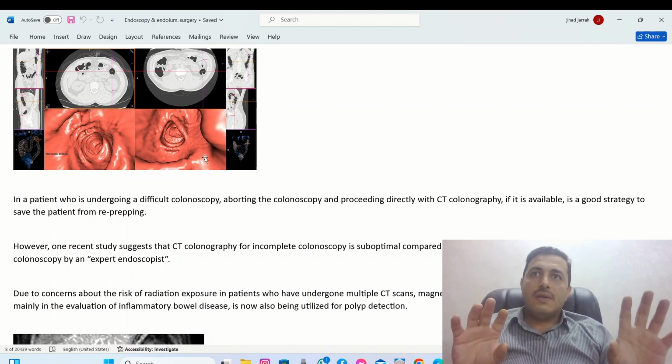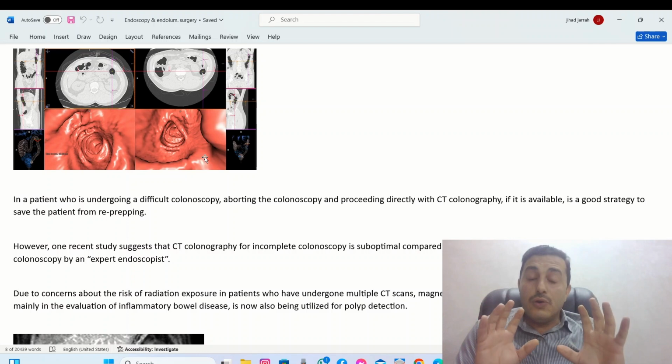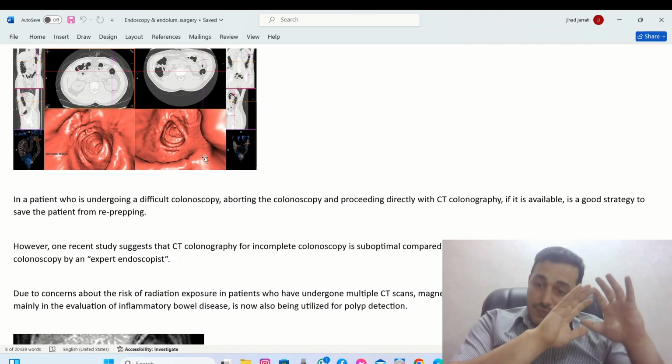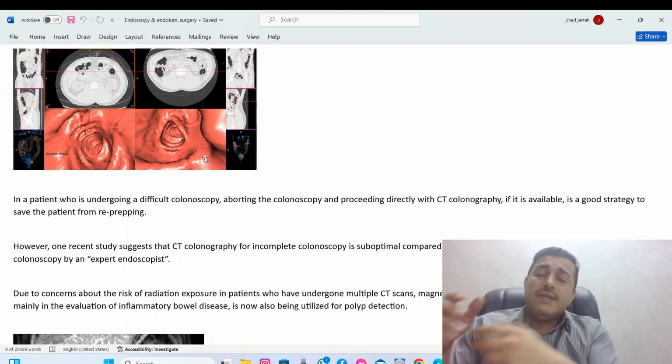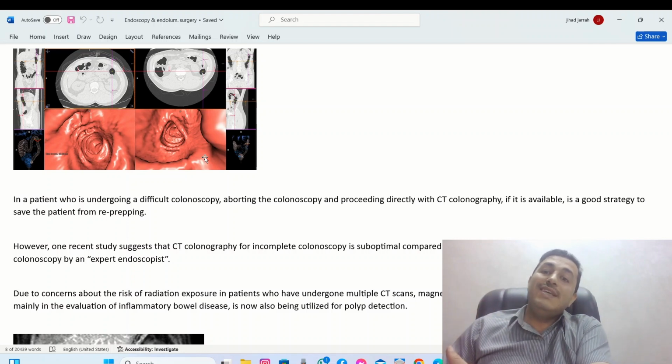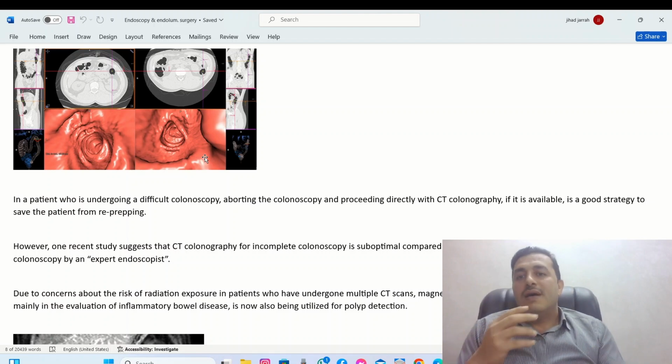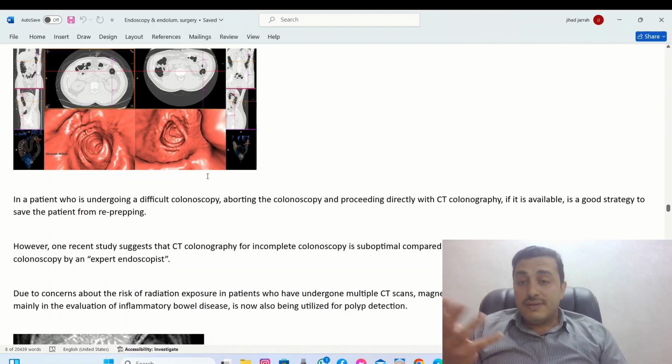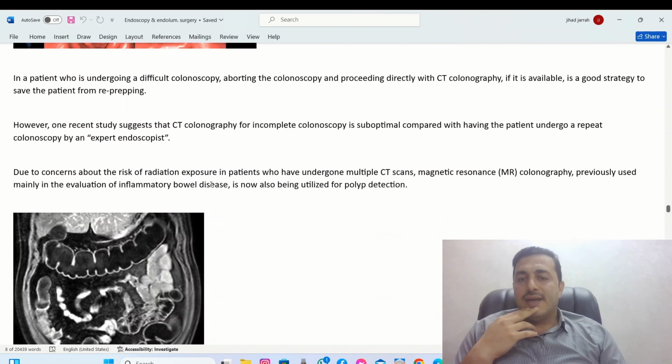Some use that if the incomplete colonoscopy is done and we cannot complete it, they directly proceed, if available, to CT colonography. Why? Because the bowel is prepared, if it is again not due to inadequate preparation.